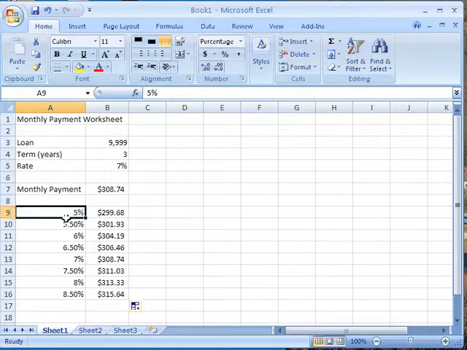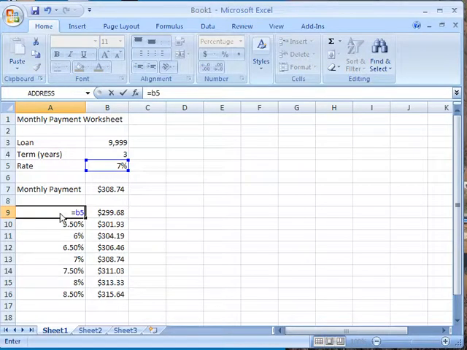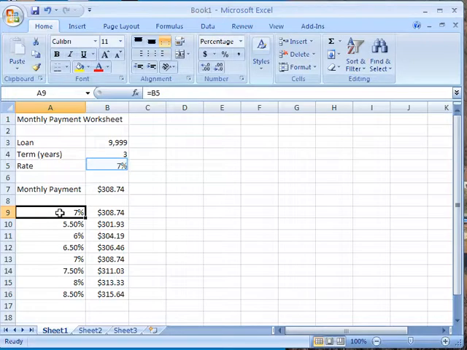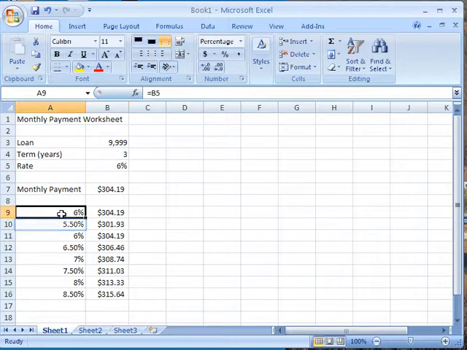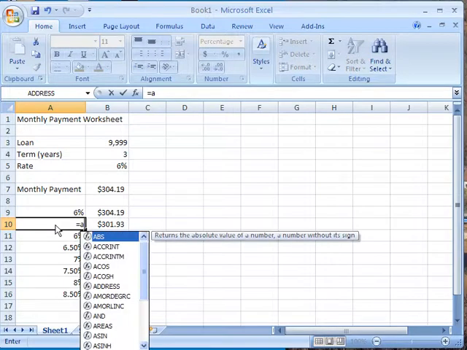Now, I could make this a little bit more adjustable. Instead of hard coding the 5% here, what could I do? I could code in the starting rate that's in B5 by going equal B5. So if I change the item in B5 to some other value, it will change there. But to get the amounts to change underneath it, I'm going to need a formula.